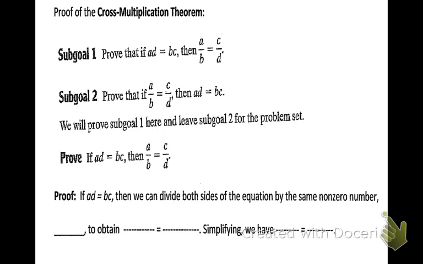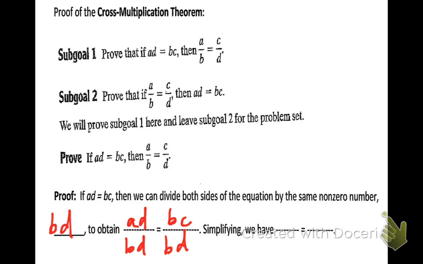So we would divide both sides by BD, and we would obtain AD over BD is equal to BC over BD.